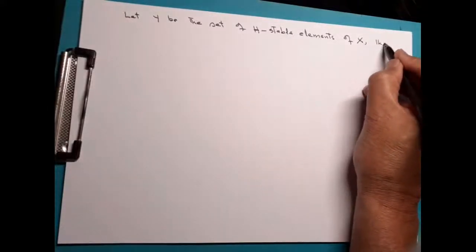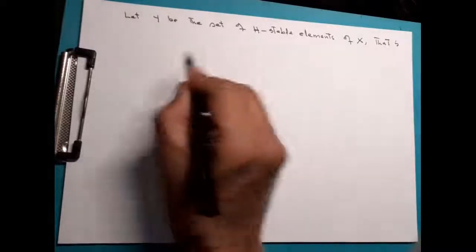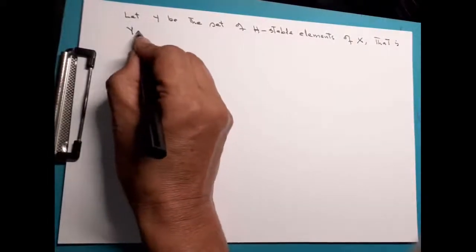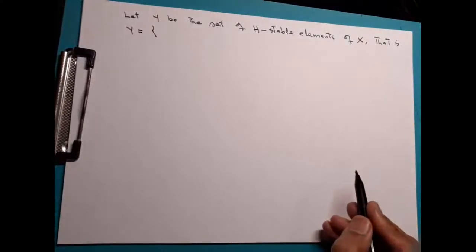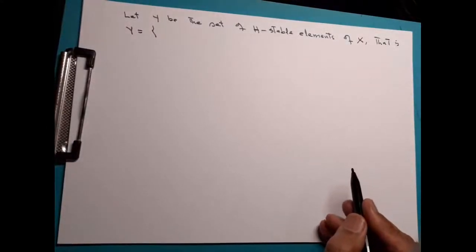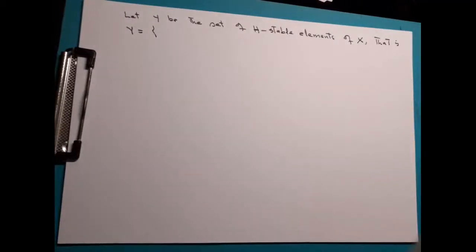Let me write it in detail. That is, Y is equal to those elements belonging to X so that when we act h on them we obtain the same element.